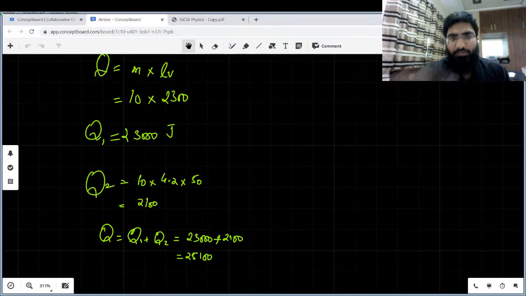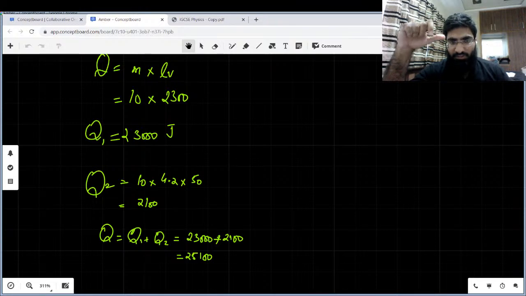So in these type of questions, the important thing is first to realize: is it just one process, or are there two processes happening? Is it just the change of temperature, or is the state of matter also changing?